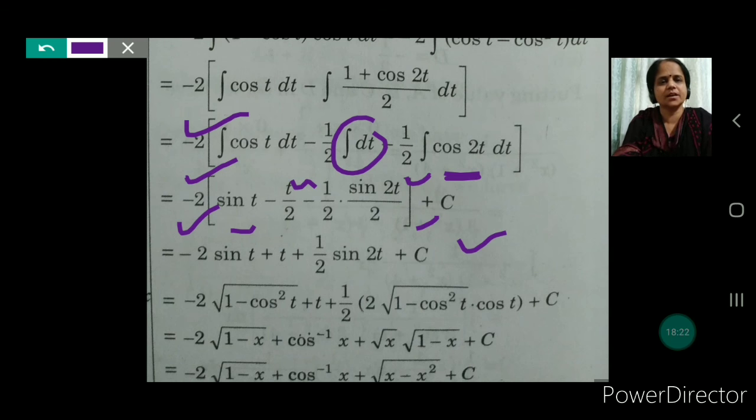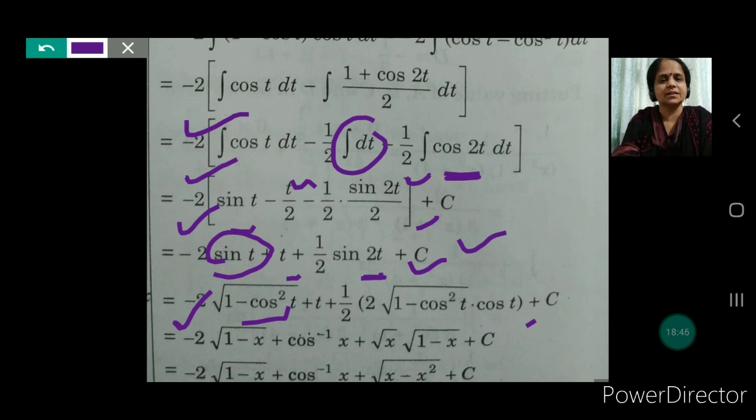Now we have to change the term sin t, it is under root 1 minus cos square t. This t write as it is, and sin 2t is 2 cos t sin t. So for sin t it is under root 1 minus cos square t, and cos t write as it is. Now substitute the values.